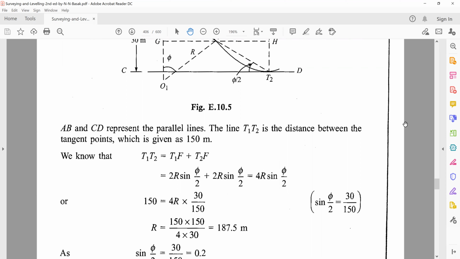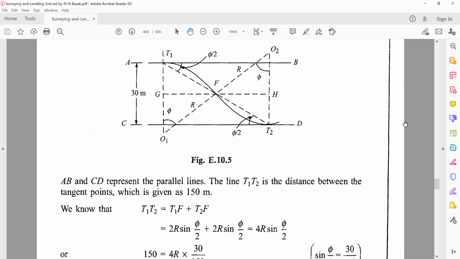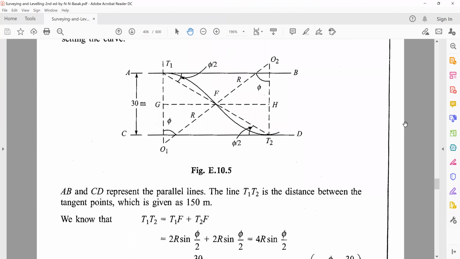Radius is still unknown, but we can use a relation to determine the value of sine phi by 2. For that, they have made use of the different lengths given to us. Remember how we used a triangle T1T2K. Again, they've used the same triangle T1T2K, and K is not shown, so we can write it down over here.